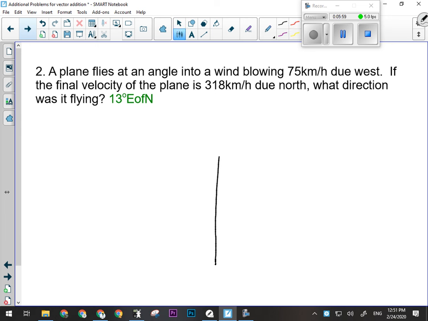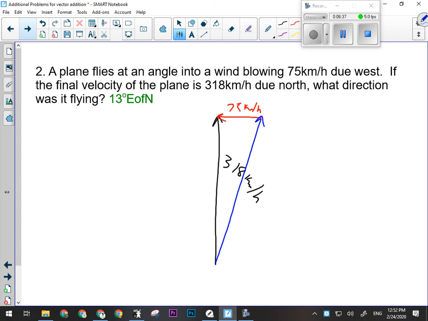So this is our resultant, produced by two velocities. The velocity of the plane, and the wind is blowing due west. So the wind is doing this at 75 kilometers per hour, which means our plane must be doing that, so that the wind pushes it back to due north.